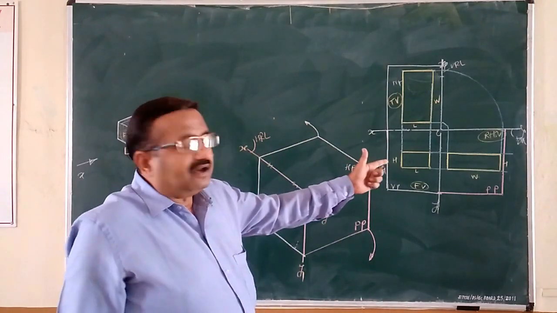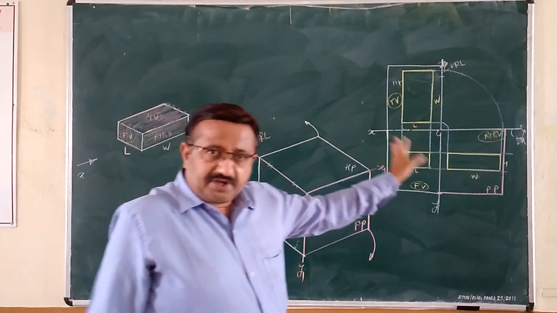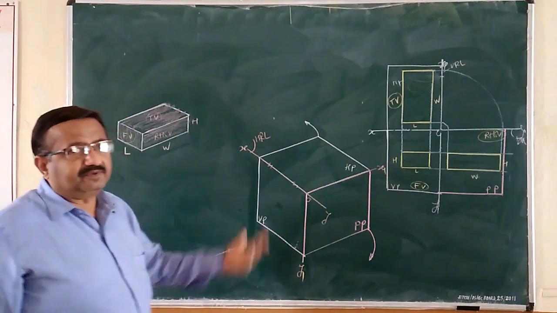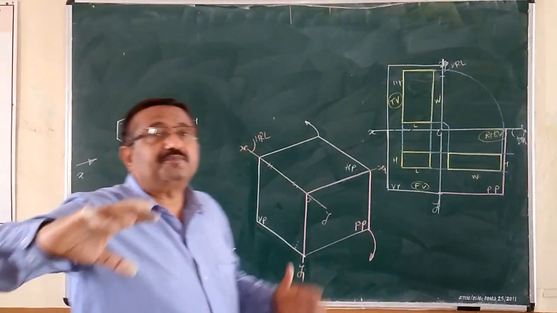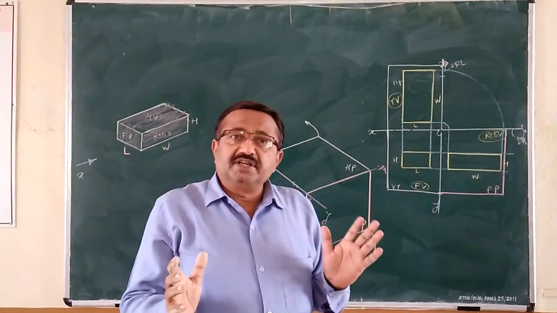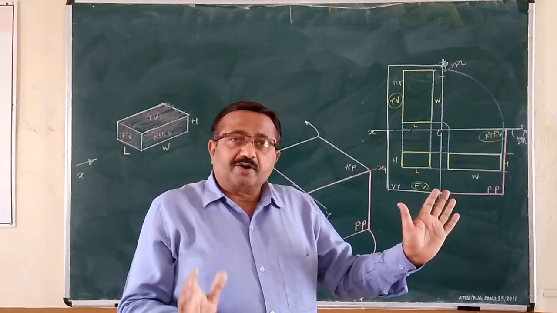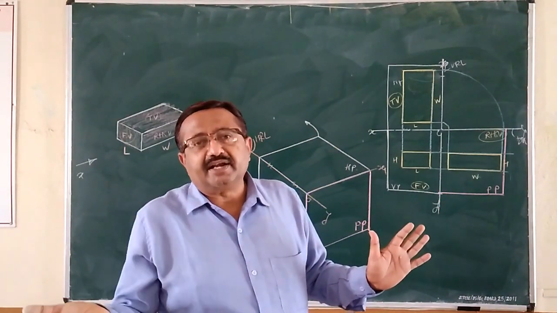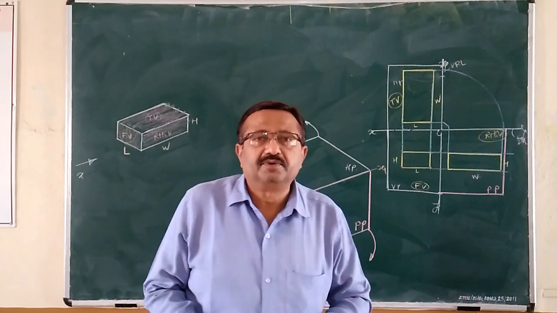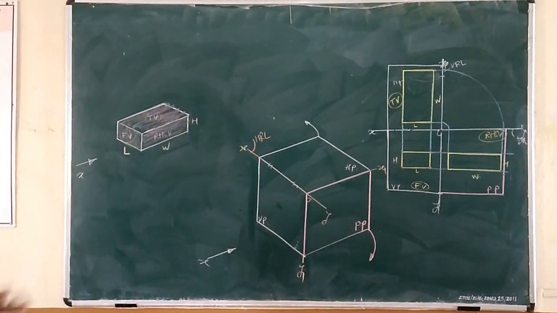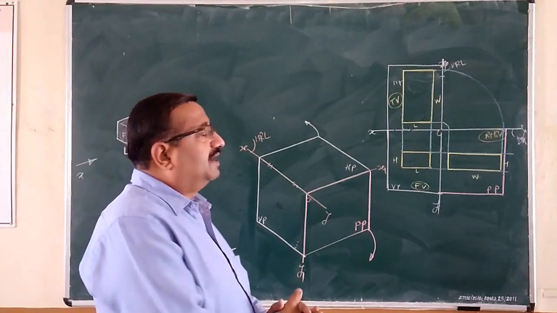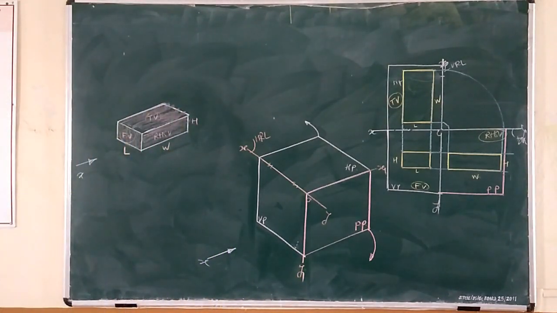Means RHSV should be drawn on right of the front view, LHSV on left of the front view. On the contrary, in first angle method, left hand side view is drawn on right of the front view and right hand side view on left of the front view. So here the reverse is the case. RHSV is drawn on right of the front view and LHSV is drawn on left of the front view.